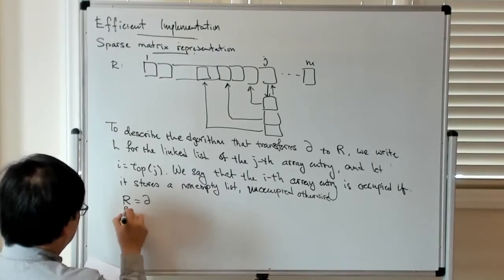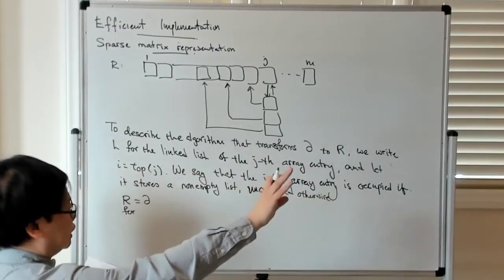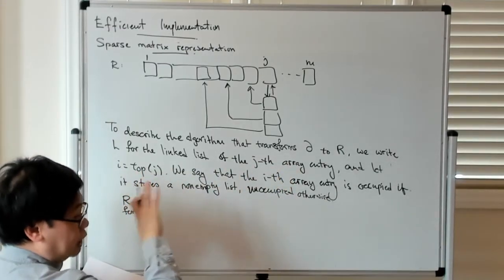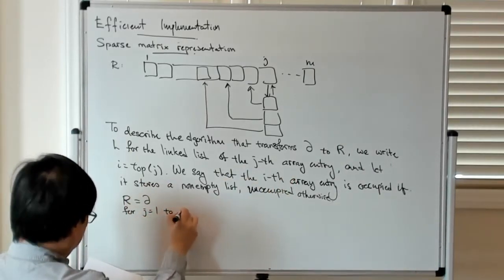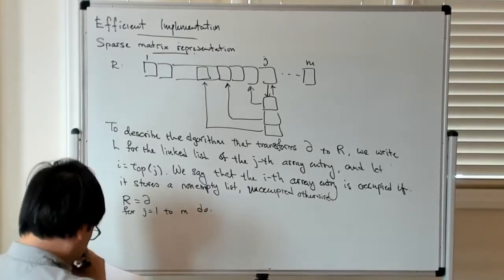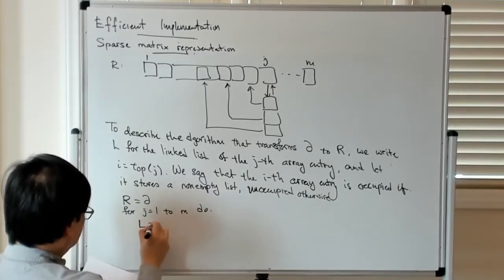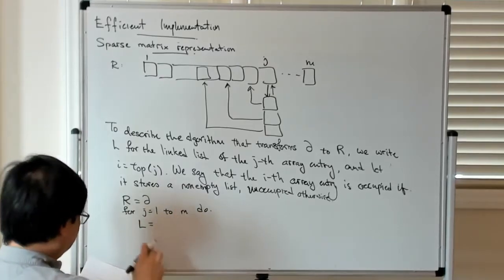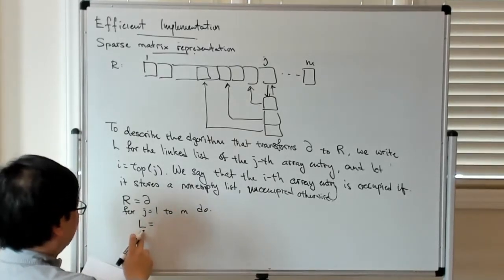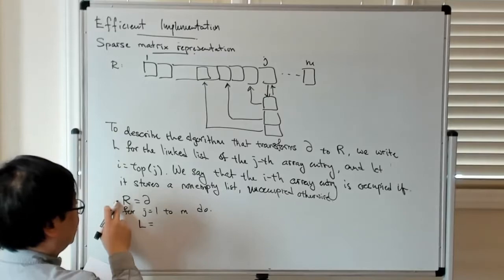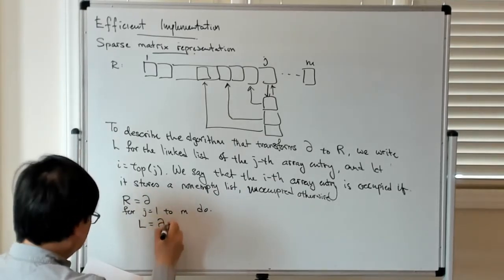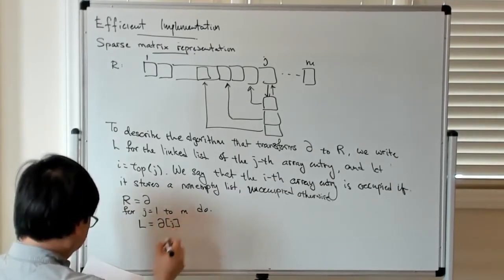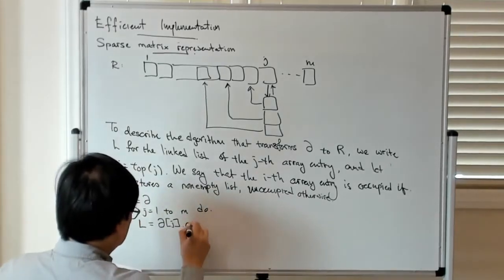Okay, and as before, we're going to cycle from essentially columns 1 to M, right? So for J equals 1 to M, you do the following. I'm going to store in L the linked list associated with the jth array entry, so this is going to be the boundary of J dot cycle.